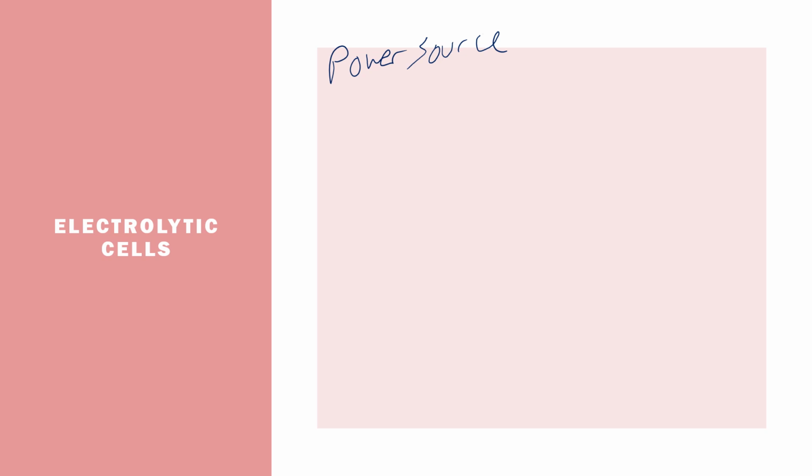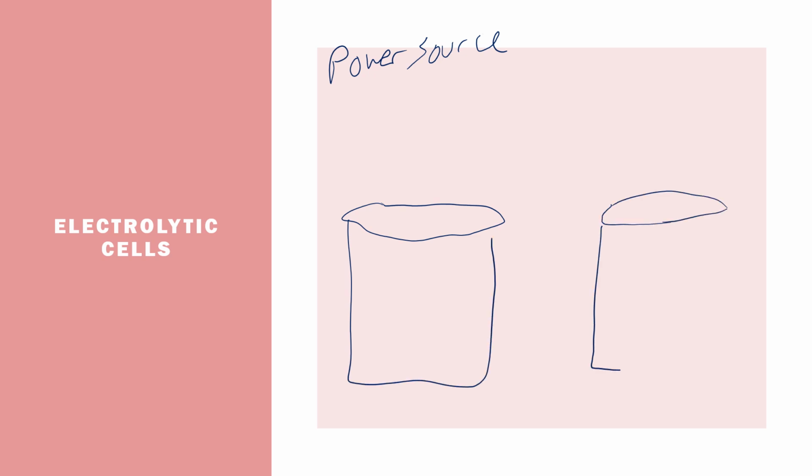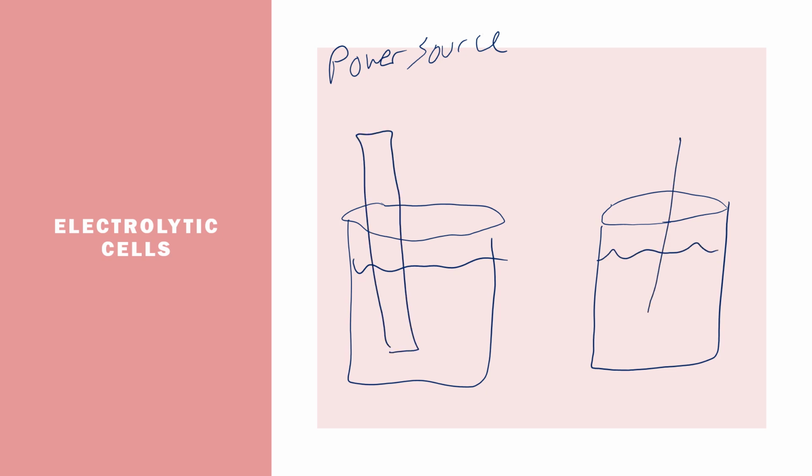Let's look at a typical kind of drawing of an electrolytic cell. I'm going to do my best. We would have two beakers. It's going to look very similar to a voltaic cell. So you have your metal electrodes submerged in a solution of their ions.